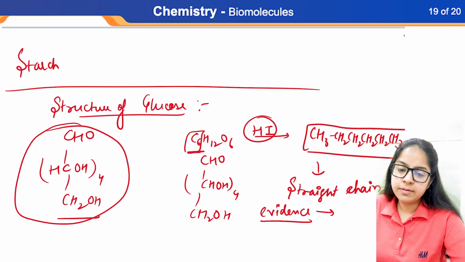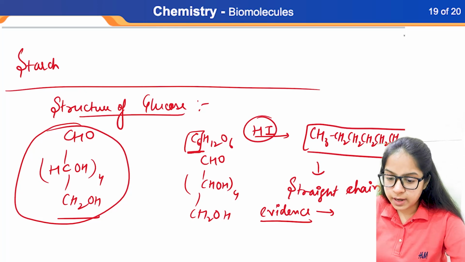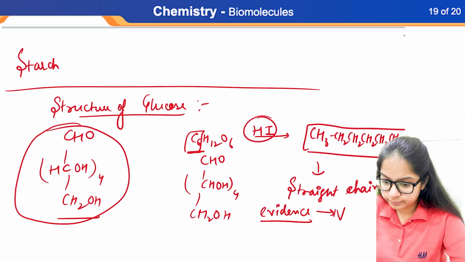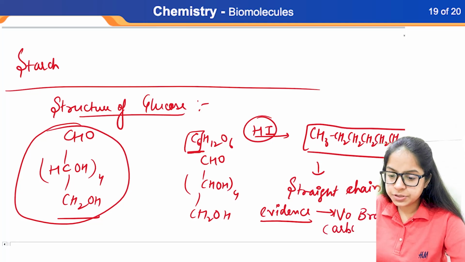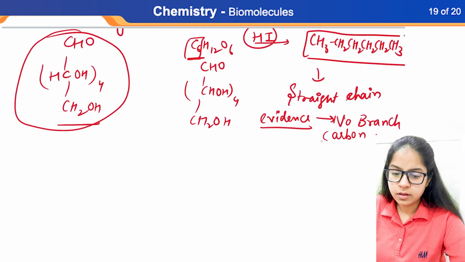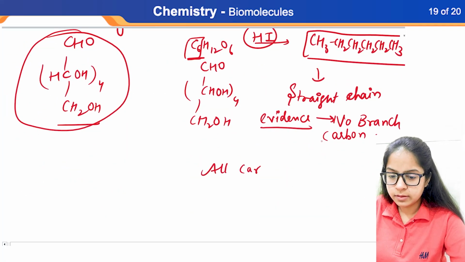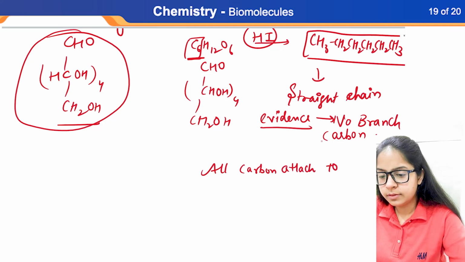In a straight line means there is no branch carbon. So all carbons are attached to each other in a straight chain.